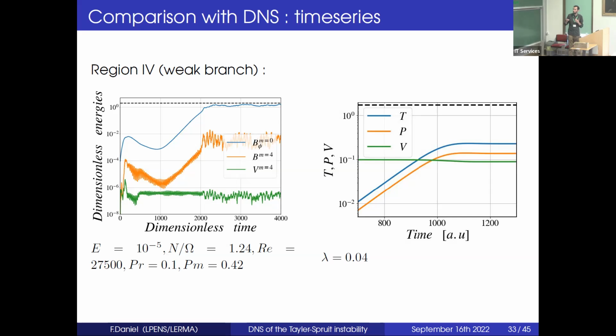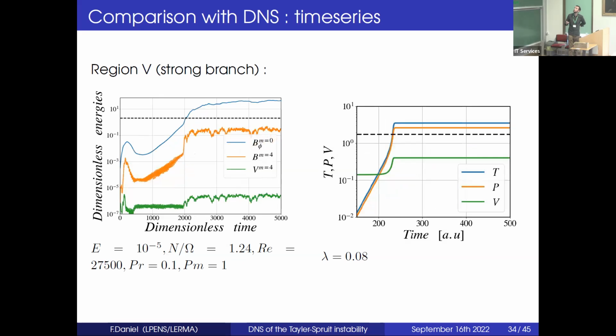Whereas if you get to the strong branch region, in both cases the toroidal magnetic field T is going to get past this line, and you're going to get this secondary jump I was describing before.